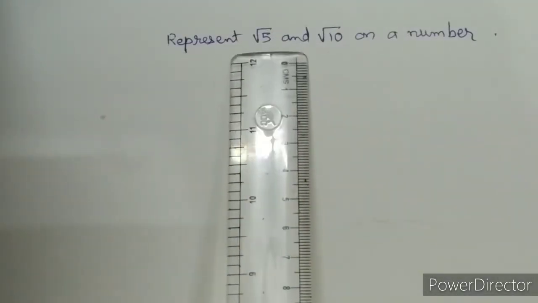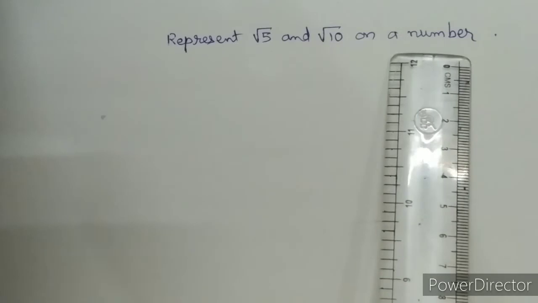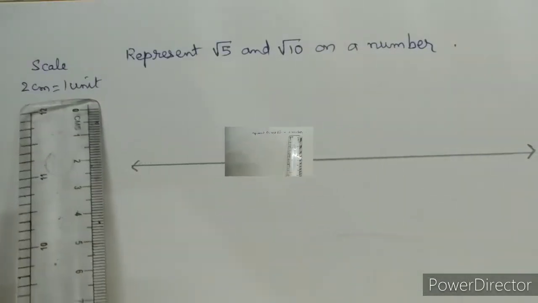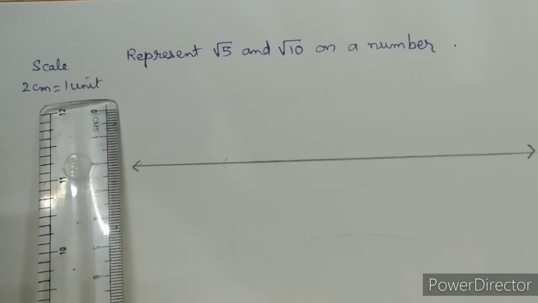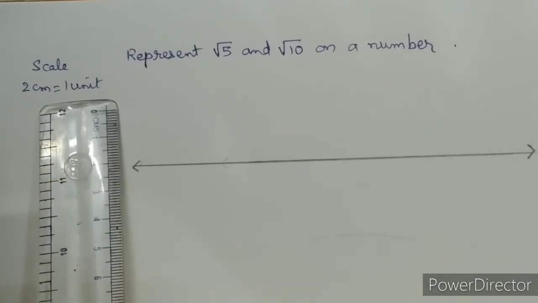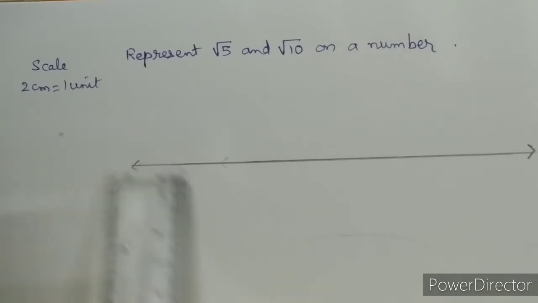Represent square root 5 and square root 10 on a number line. Scale 2 cm is equal to 1 unit helps us to understand this geometric construction easily. Draw a line.